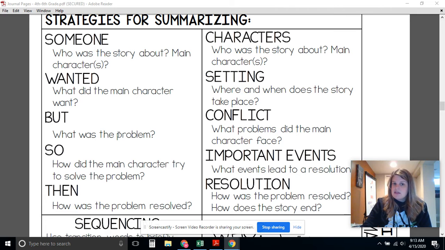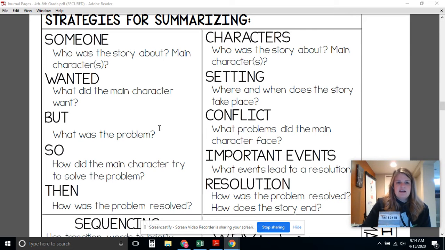Okay, the problem might not be introduced. If you're reading, let's say, a 215 page book, which is not too crazy, I would say your problem should be introduced by like page 40, 45. So if you're past that point, you might need to reread and just be like, well, what's the issue here? Because a book without an issue isn't a book. We are always going to have a conflict of some sort.